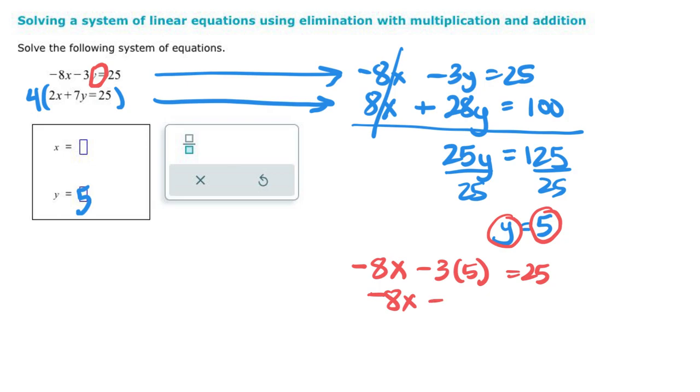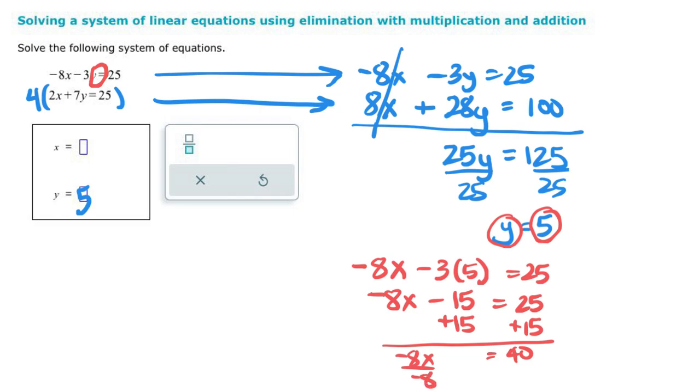So I'm going to simplify and get negative 8x minus 15 equals 25. Now this is an equation to solve. Adding 15 to both sides, I get negative 8x is equal to 40. If I divide both sides by negative 8, I'm left with x equals negative 5. So my answer as an ordered pair would be (negative 5, 5).